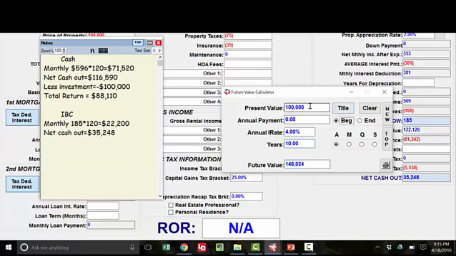Your $100,000 at 4% is $148,000. So the growth in there is 48,024. I just subtracted out the 100,000 that we started with, so that is a gain.